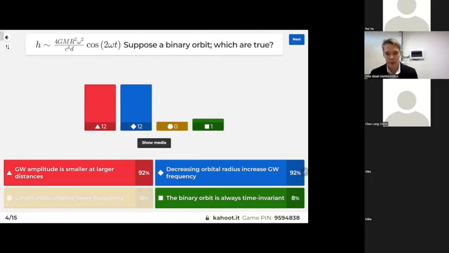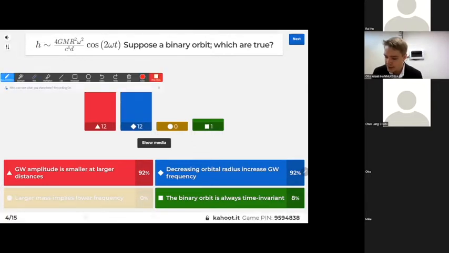Yeah, so most people think that the gravitational wave amplitude is smaller at larger distances, which of course is something that we can read off from the formula at the top. And it's in line with the physical expectation, which is that if the gravitational wave propagates for a long time from a binary source, it goes outwards spherically, and of course, at higher distances, the signal is fainter than at small distances.